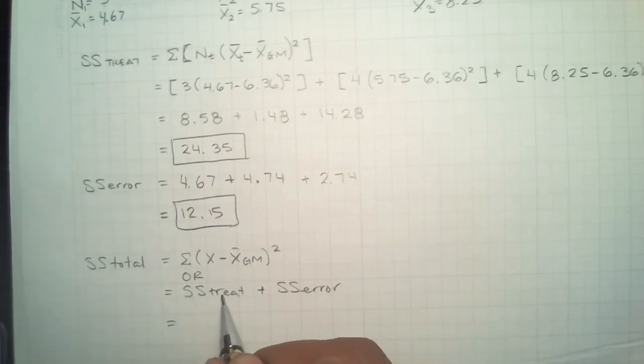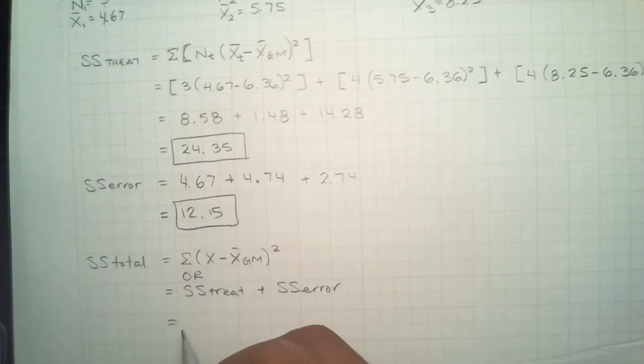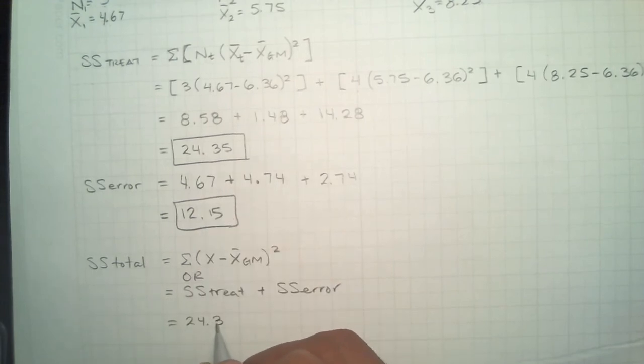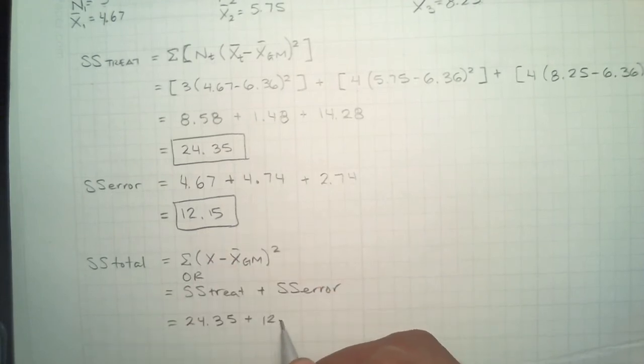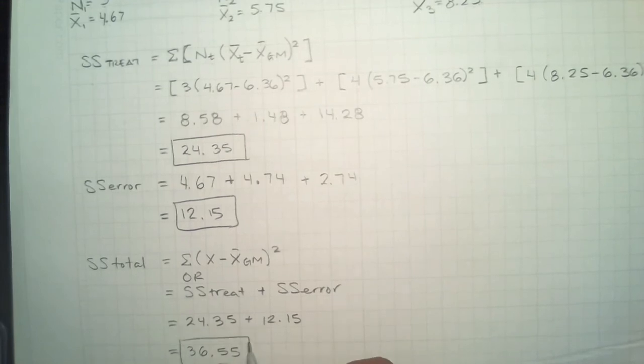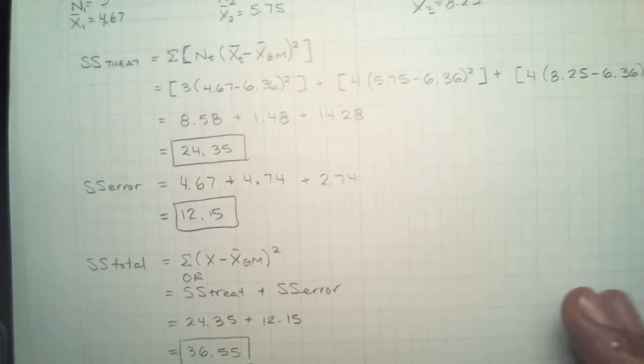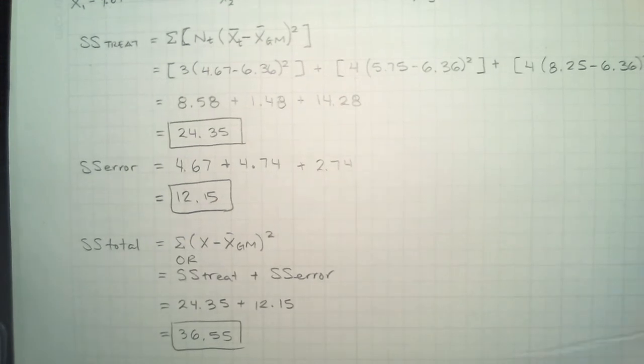So I already have my SS treatment value, which is 24.35, and my SS error term, which is 12.15. I add these up, and I get an SS total of 36.55. Now I have all three. If you want to double check, and if you have extra time for the exam, go ahead and do this just to double check.